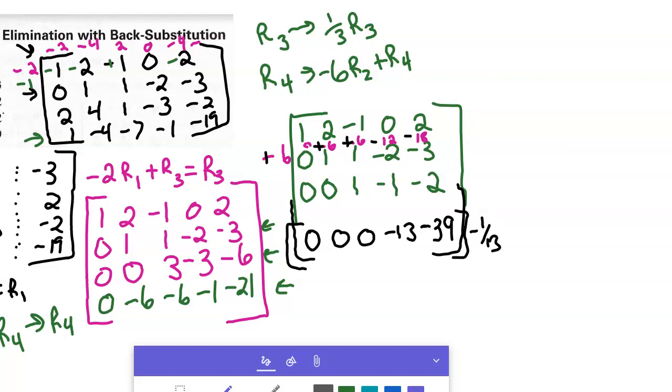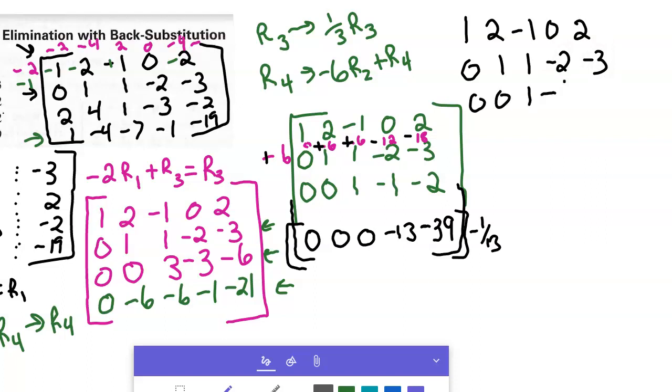So now my new matrix is 1, 2, -1, 0, 2, 0, 1, 1, -2, -3, 0, 0, 1, -1, -2, and then we'd have 0, 0, 0, and 13 divided by 13, negative, is 1.